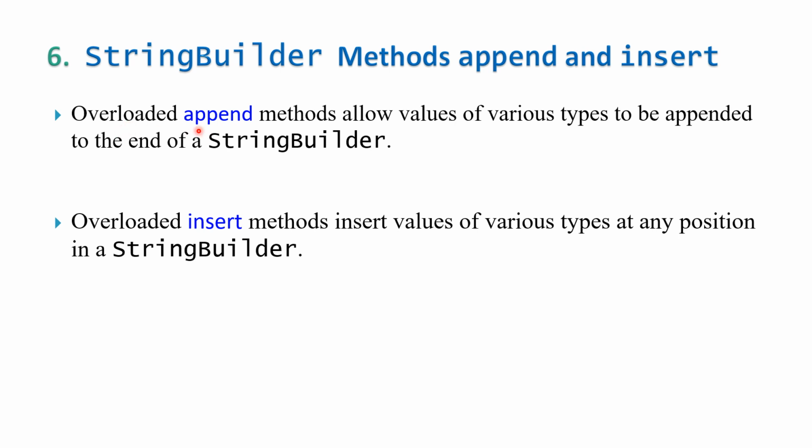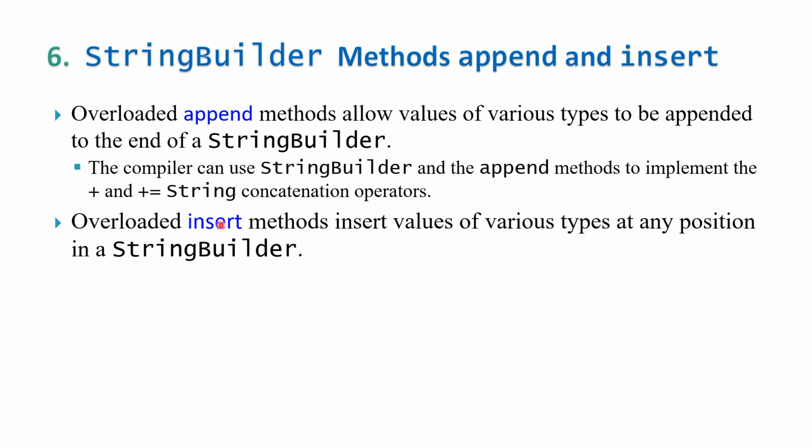The append method always adds these characters at the end of the StringBuilder object. The insert method adds the characters at a specific point of the StringBuilder object. The compiler can use StringBuilder and the append methods to implement the plus and the plus-equal string concatenation operators.